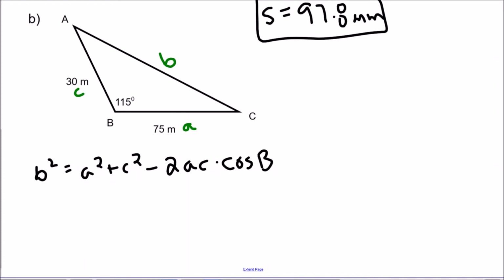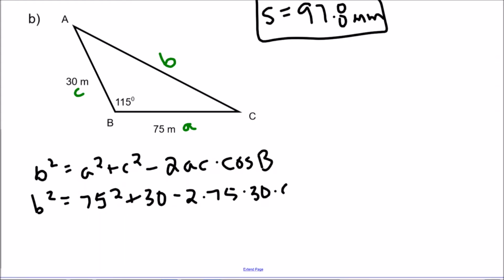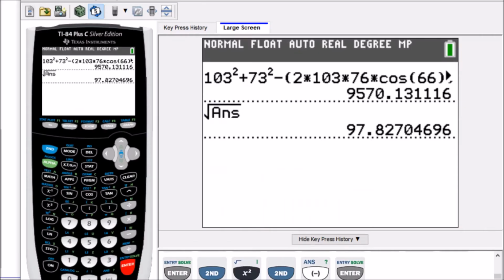So plugging in what we know, I don't know b squared, but I know everything else. 75 squared plus 30 squared minus 2 times 75 times 30 times cosine of 115. So I plug that whole big thing into my calculator.